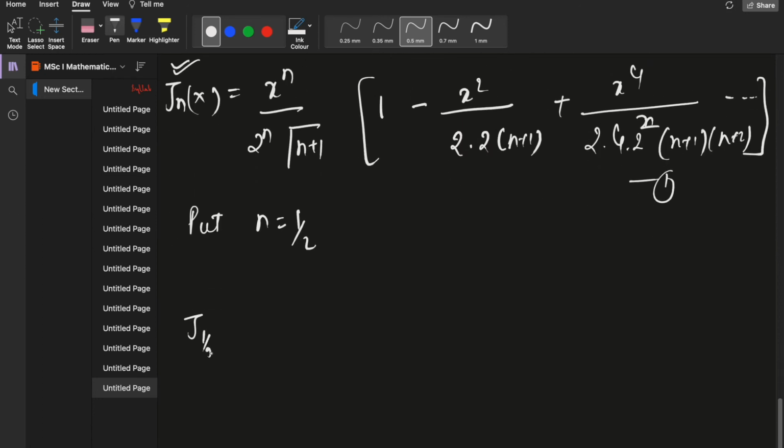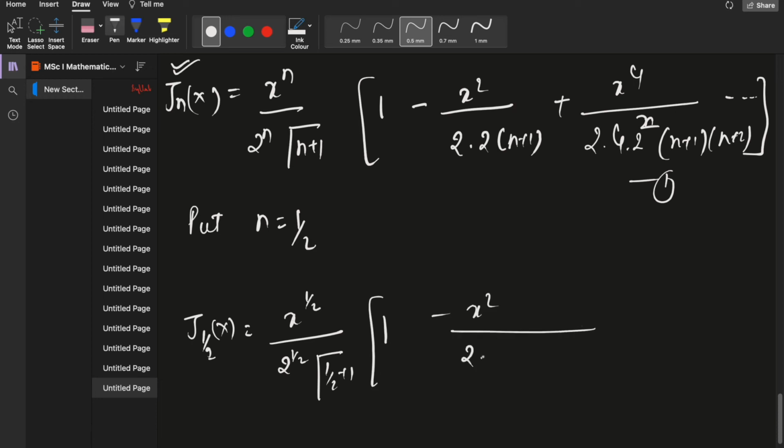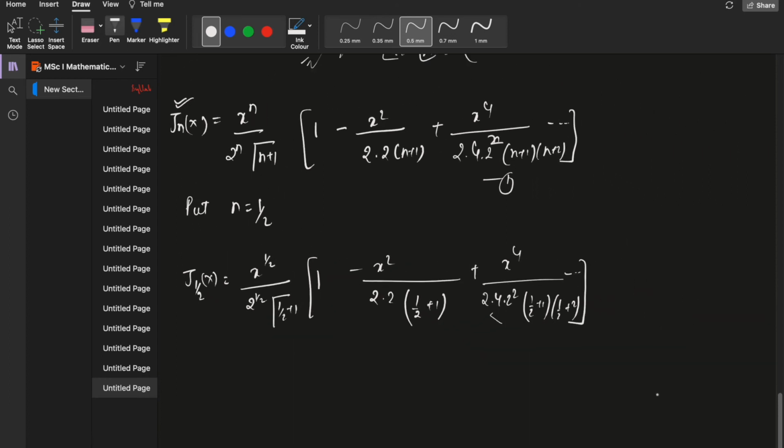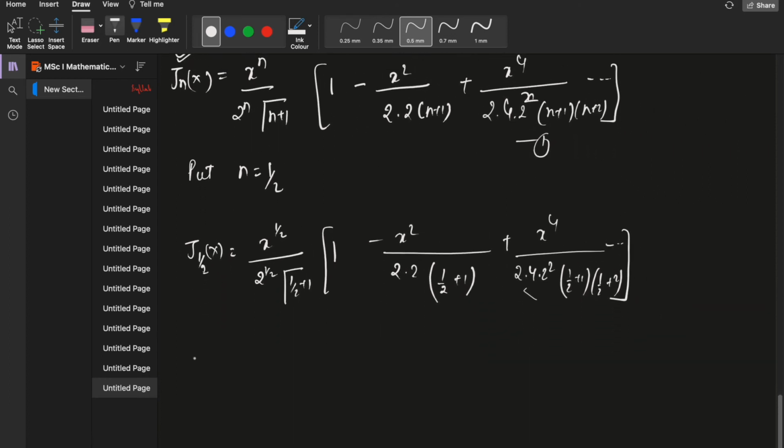So this will give me J half of x equals x to the power half upon 2 to the power half, gamma function half plus 1, times 1 minus x square upon 2 dot 2 dot (1 upon 2 plus 1), plus x to the power 4 upon 2 dot 4 dot 2 to the power 2, (1 upon 2 plus 1)(1 upon 2 plus 2), minus and so on.